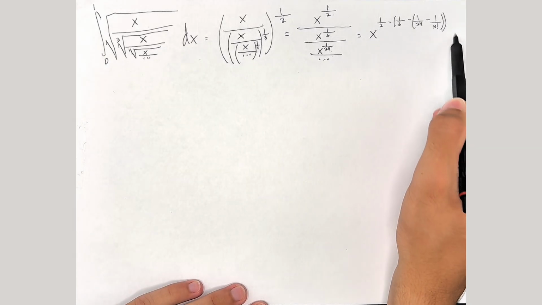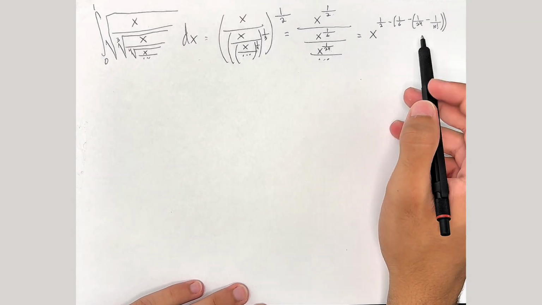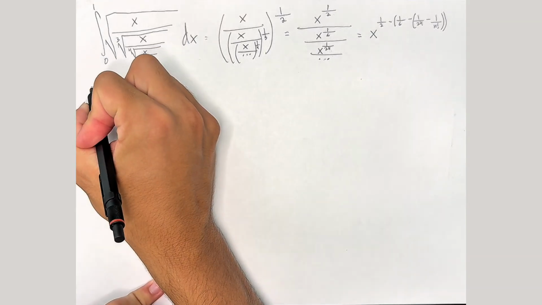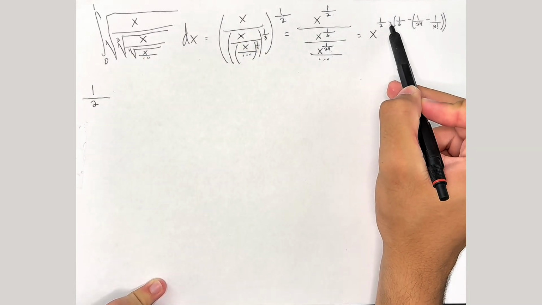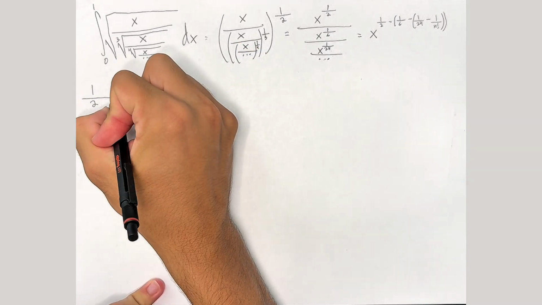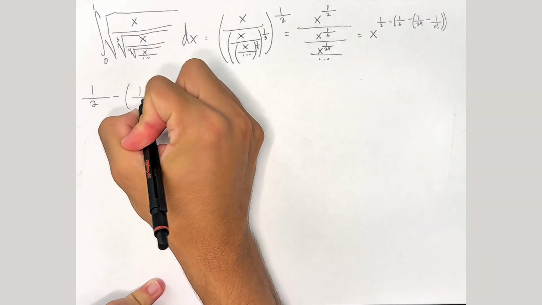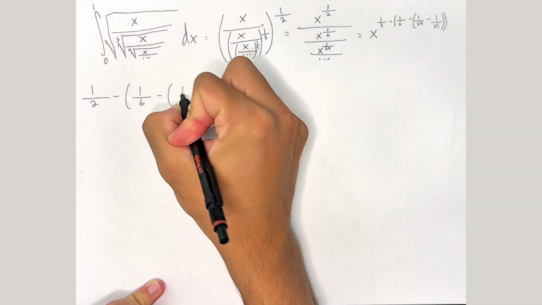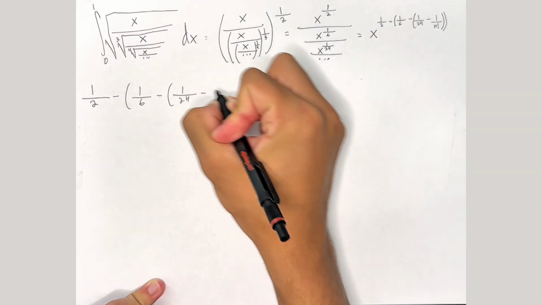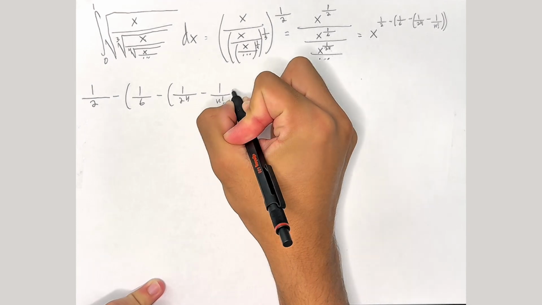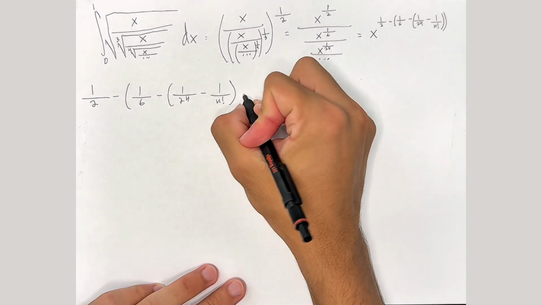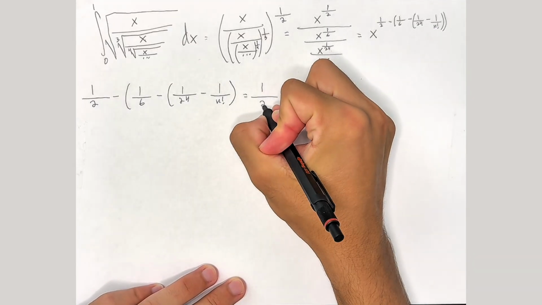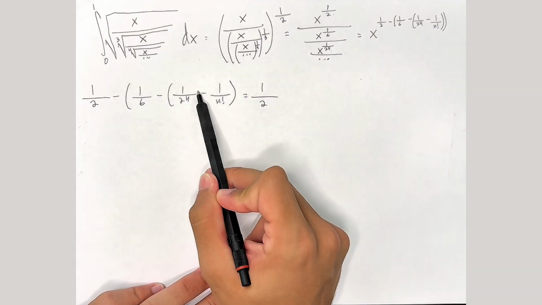From this, we can just take a look at this exponential part and simplify it, and we get 1 over 2 minus 1 over 6 minus 1 over 24 minus 1 over n factorial. We can then distribute the negative signs, and we get 1 over 2.